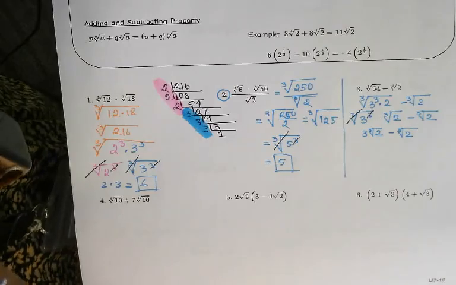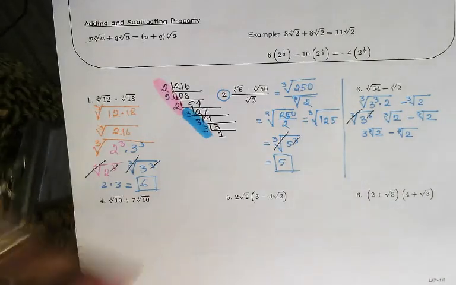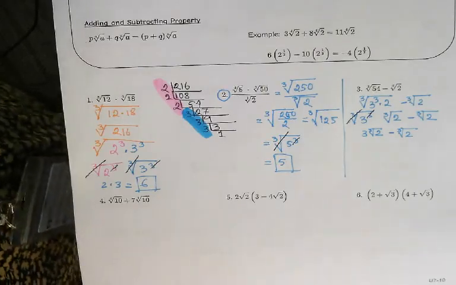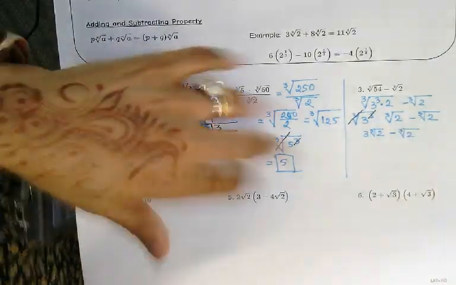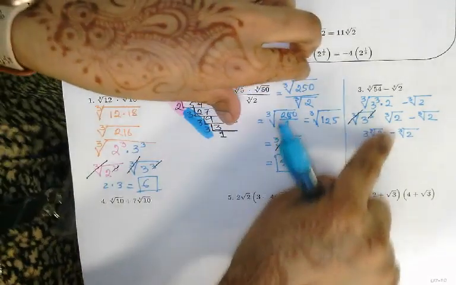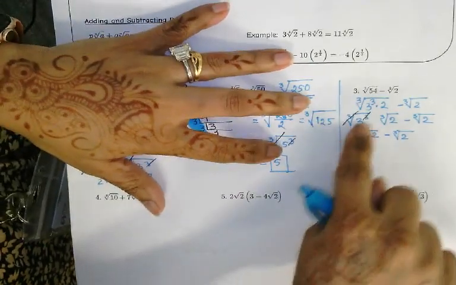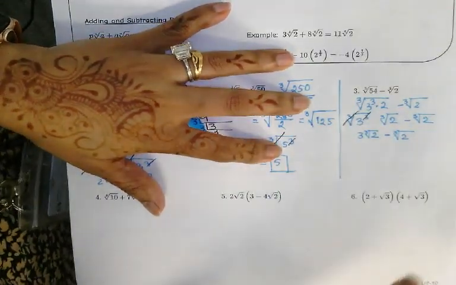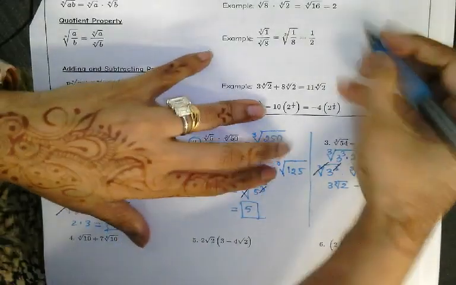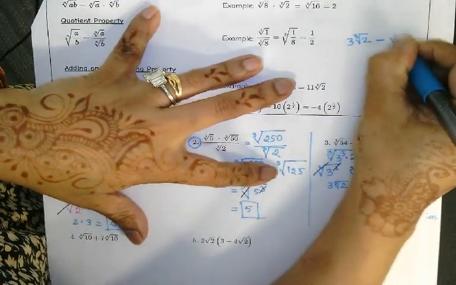Are we okay up to here? Now whatever you are doing, you need to really stop it and pay attention to me. Now look at this one over here. This is a very new concept that you are dealing with. Think about these radicals as your variable. So I have 3 cube root of 2 minus cube root of 2.